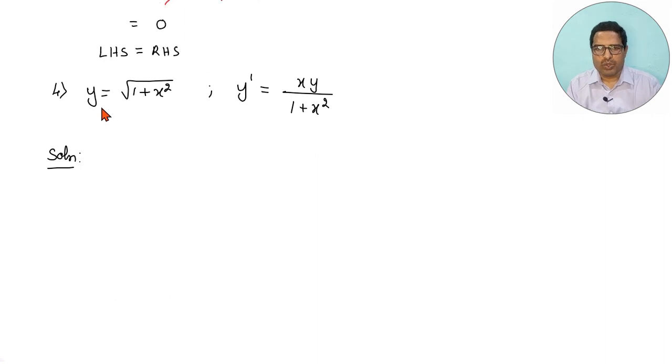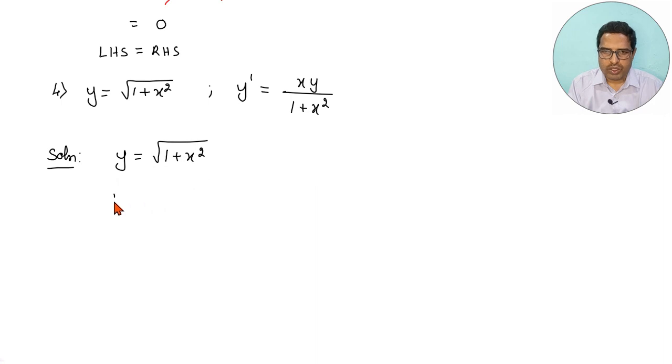The next question is y equals square root of 1 plus x square, and the given differential equation is y dash equals xy by 1 plus x square. So we have to get the first order derivative y dash. So let us try to differentiate this one. Given the function y equals root of 1 plus x square, let us differentiate this y with respect to x.